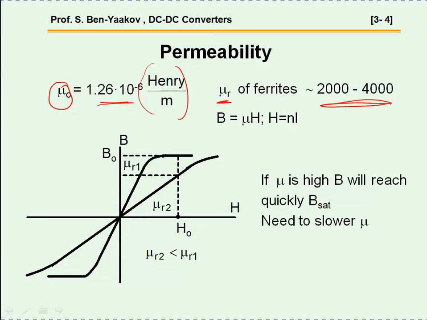Now, B, the magnetic flux density, will be mu times H, where H, the magnetic field, is N times I.